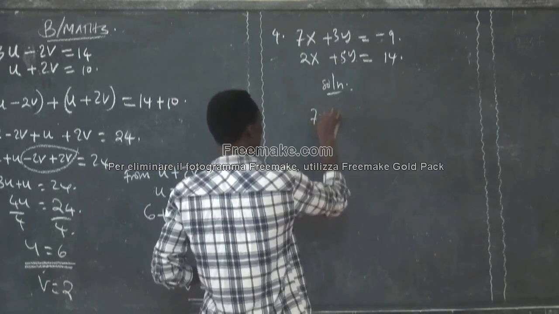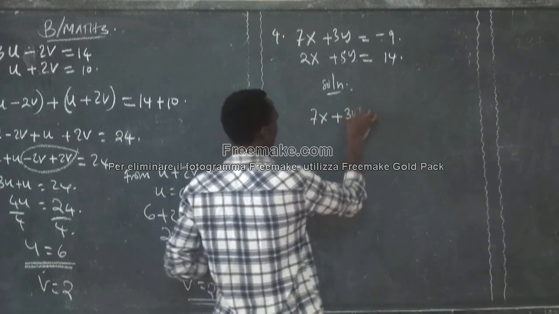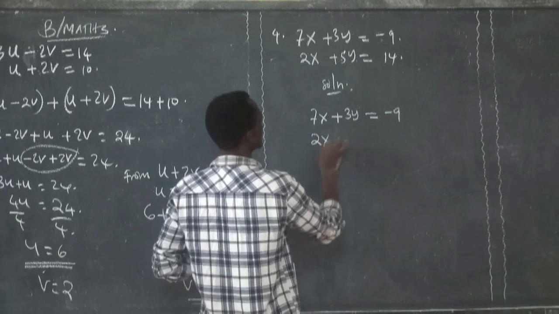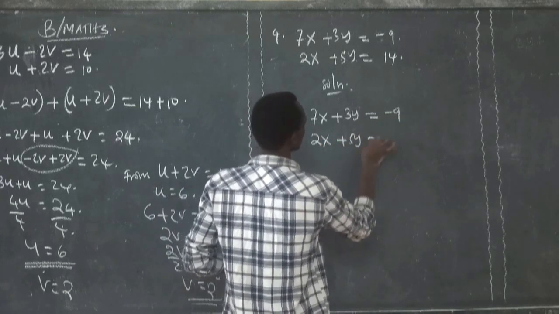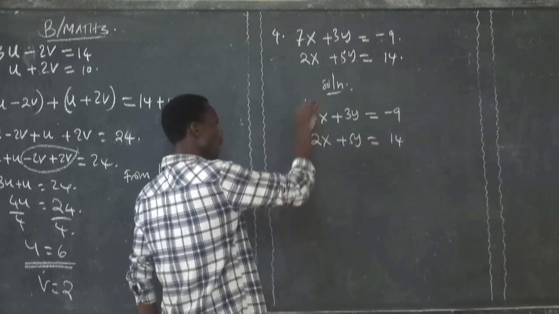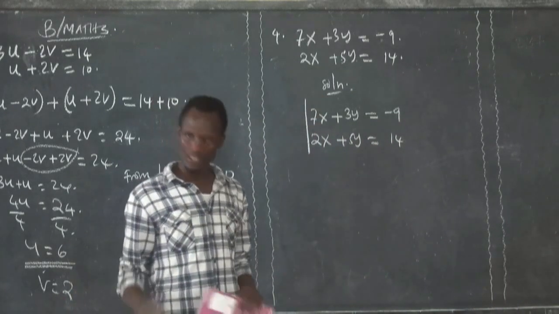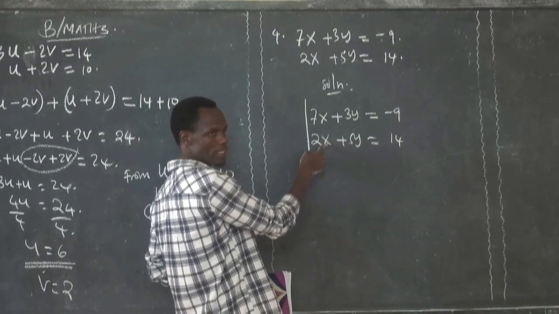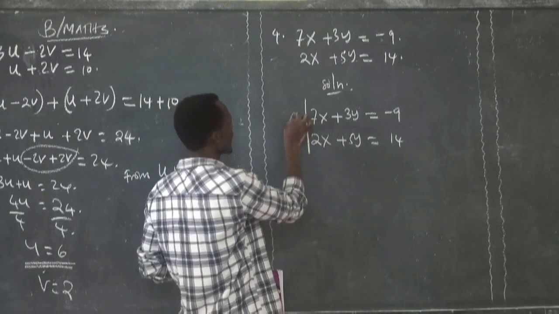Now you write your equation 7x positive 3y is equal now to negative 9. Then here you have 2x, then positive 5y is equal now to positive 14. Then you draw your line here. You interchange the coefficient of x here in the second equation is written here.